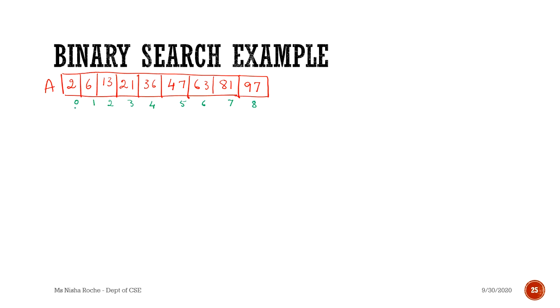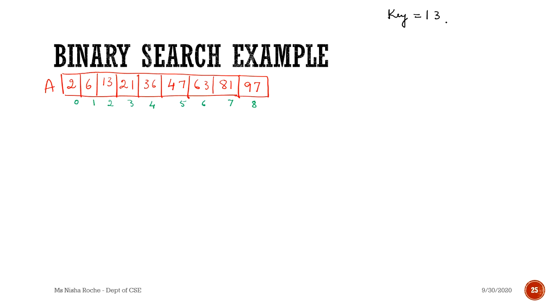So the first condition to use binary search is the elements have to be sorted. We can see that in the given array the elements are all sorted. Let the search element in this example be 13. I am taking the search element as the key, so key is 13.